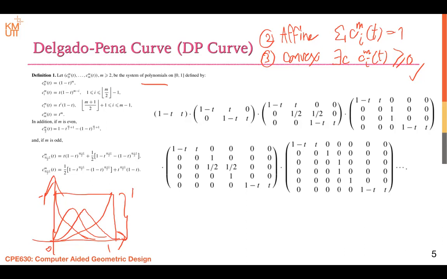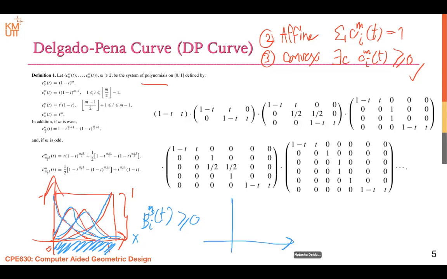The curve cannot be below the x-axis, so we can prove that the polynomial B is greater than or equal to 0 all the time, because each curve is above the x-axis.